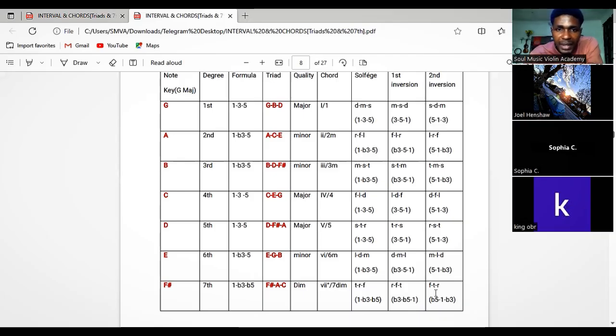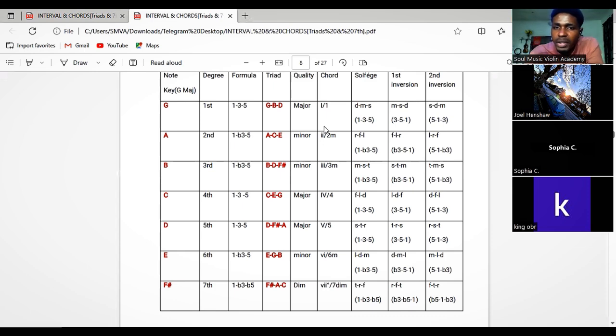I believe you understand. And when writing the chords, you can either use Roman figures or numbers. So sometimes you see Roman figures or numbers. If I write I, that's chord 1, you should just know that that's Do Mi So, and then you can invert it.